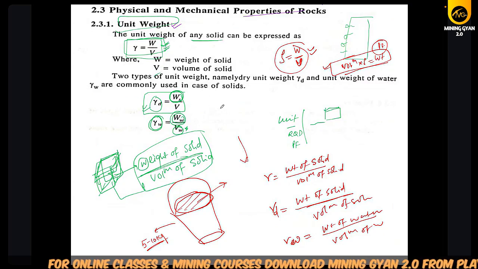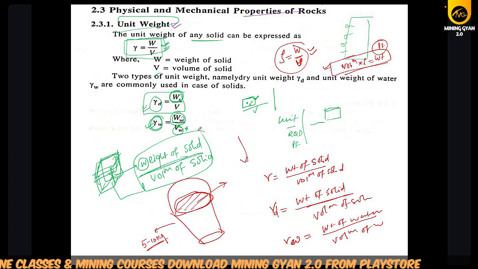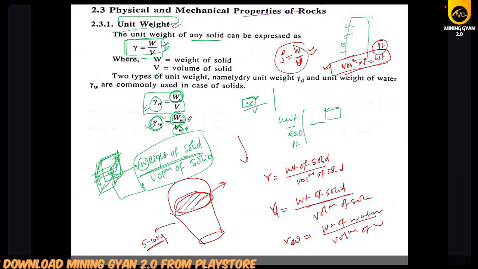If we want to calculate the unit weight of a dry sample, we take a dry sample and consider only the weight of solid divided by total volume. If we want the unit weight of water, we divide the weight of water by the volume of the water.